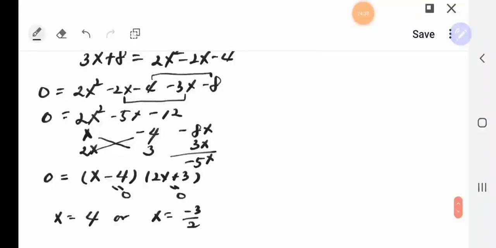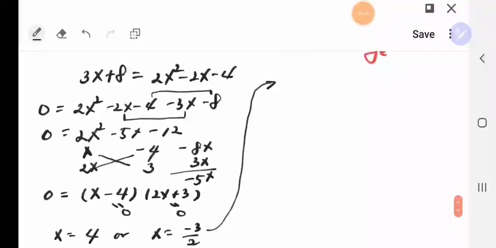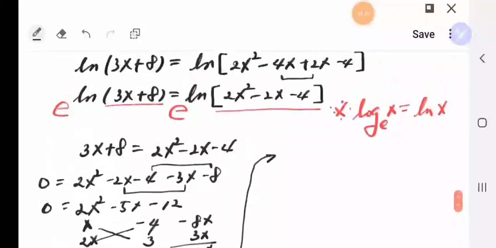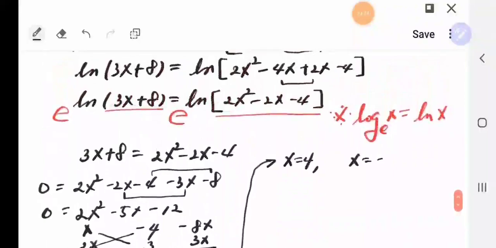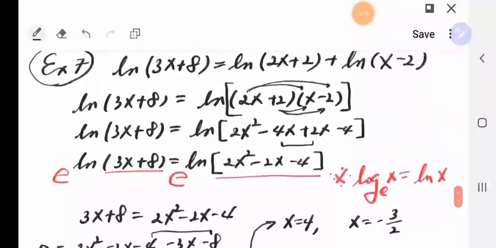Okay, so we have 2 values. We gotta check whether these numbers are valid. So x equals 4 or x equals negative 3 halves. Let's check it from the original equation.